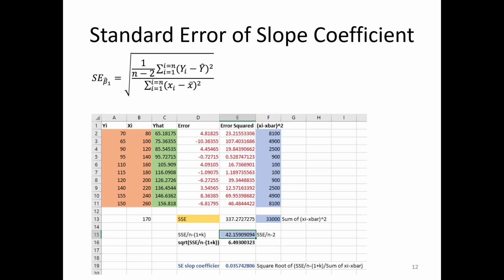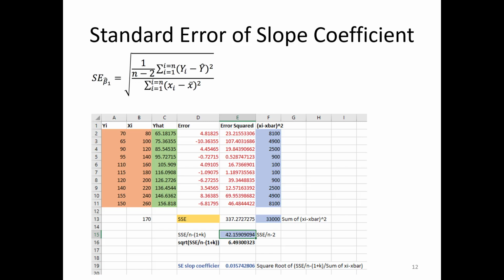For our numerator, we are calculating the errors, the yi minus y hat. We are squaring them. I summed them here. Then we divided by 8. In this case, that's the sum of the squared errors over n minus 2. And we get 42.16, roughly.